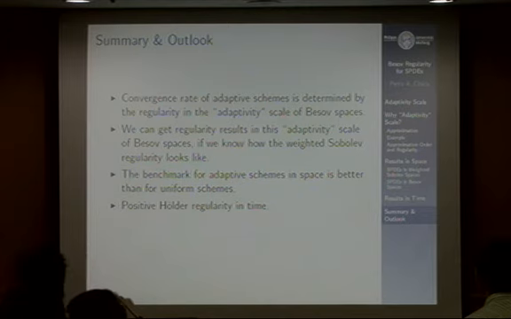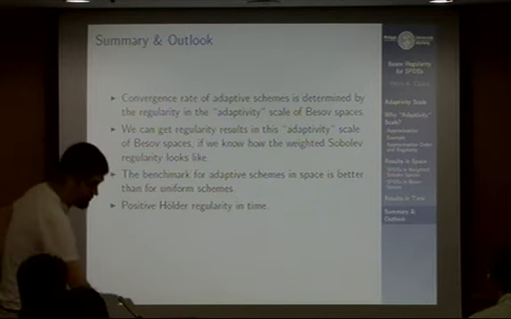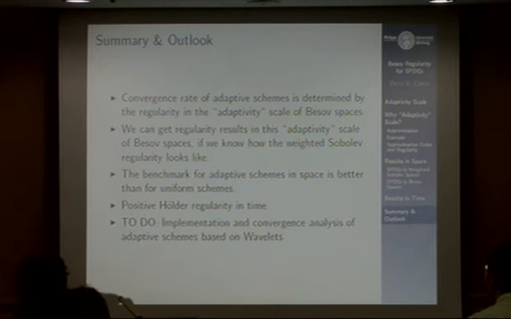Then, together with the forthcoming talk, we will see that the benchmark for adaptive schemes in space is better than for uniform schemes, and we have positive Hölder regularity. And now we are working on designing, implementing, and analyzing the convergence of adaptive schemes based on wavelets.